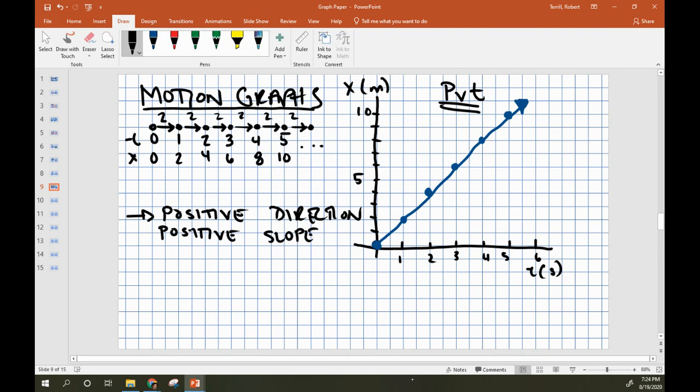And the same thing can be said for the opposite. If we had a negative slope, then we would be going in the negative direction, which is we're going back the way we started towards whatever we defined as our negative direction.